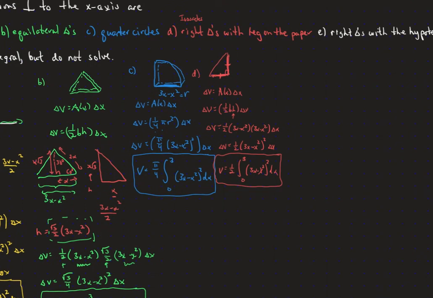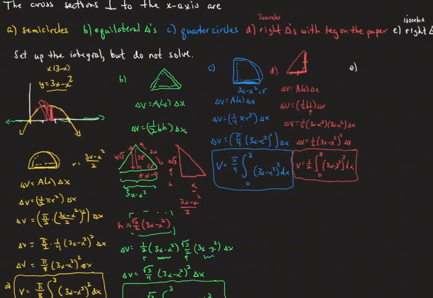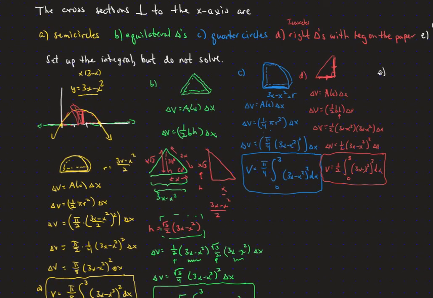So now I need to also say that this is intended to be isosceles as well. So we need an isosceles right triangle. This time the hypotenuse is going to be on the actual region. So let me see if I can erase this again carefully. So this is now back to our picture. Now here's our representative rectangle again, and this time we're saying that this is the hypotenuse.